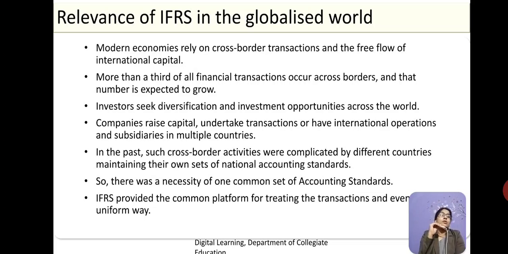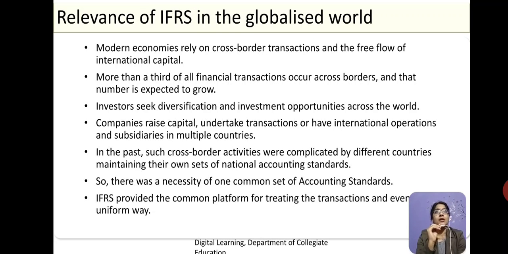Then if we talk about the relevance, is it relevant in today's world? Of course, the accounting standards which each country has on its own may be outdated when we talk about the globalized world, isn't it?